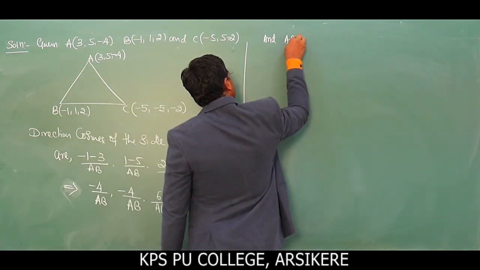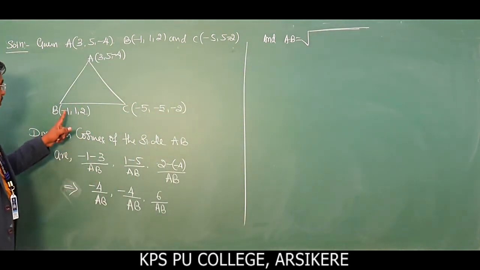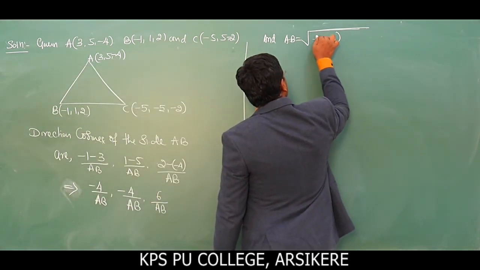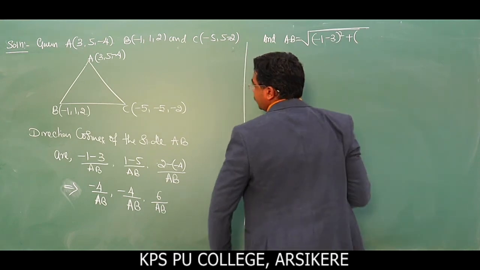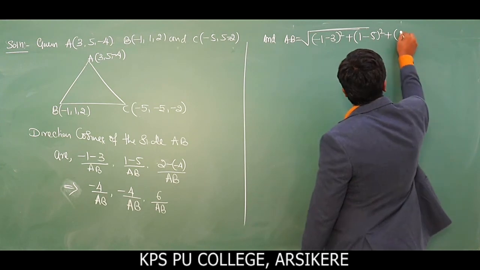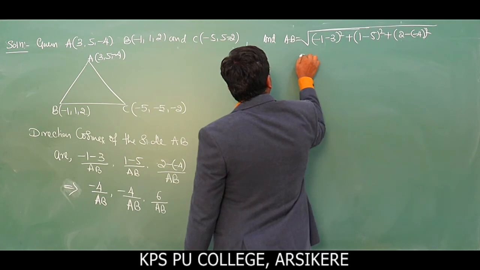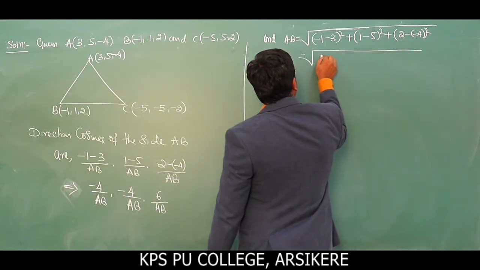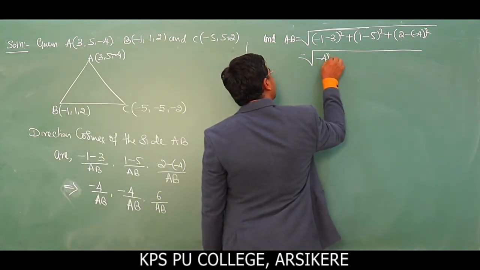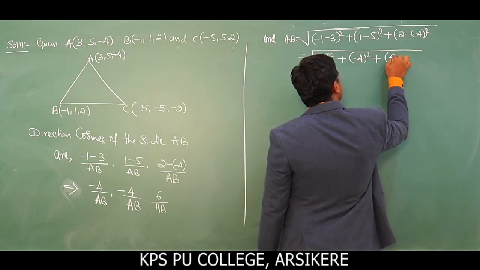And AB is equal to the square root of x2 minus x1 whole square, plus y2 minus y1 whole square, plus z2 minus z1 whole square. That is minus 1 minus 3 whole square, plus 1 minus 5 whole square, plus 2 minus of minus 4 whole square. So the square root of minus 4 whole square, plus minus 4 whole square, plus 6 whole square.